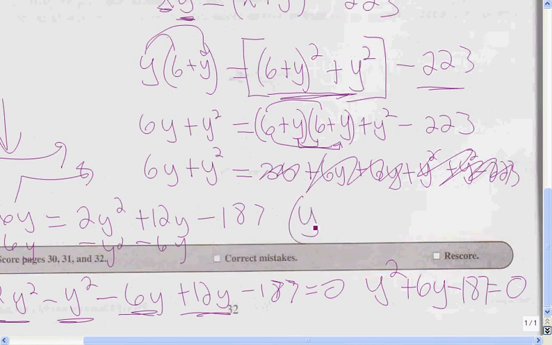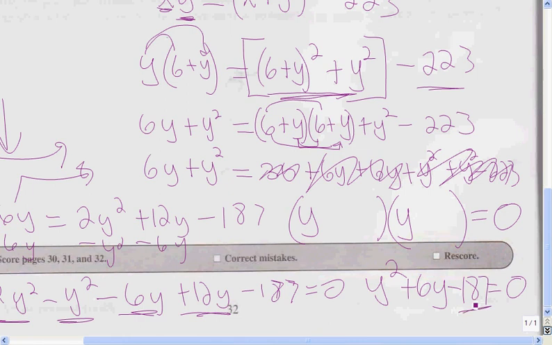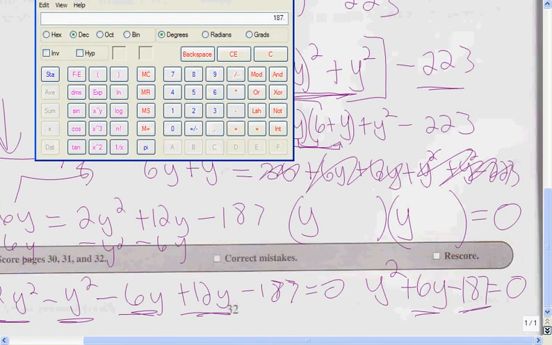So y squared plus 6y minus 187 equals 0. Now I've got to factor 187 so that when I multiply, I get a number that equals 187, and when I subtract the two numbers, I get 6. So let me try finding factors of 187. 187 divided by 3, let's try that.